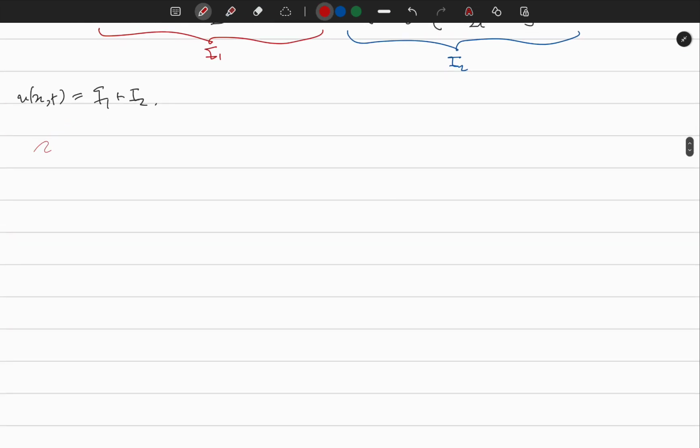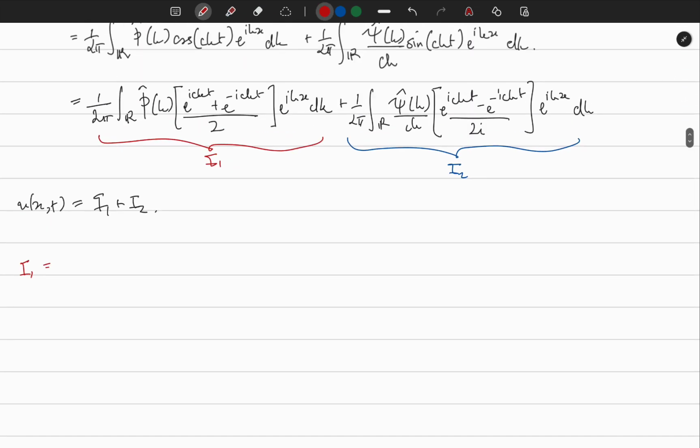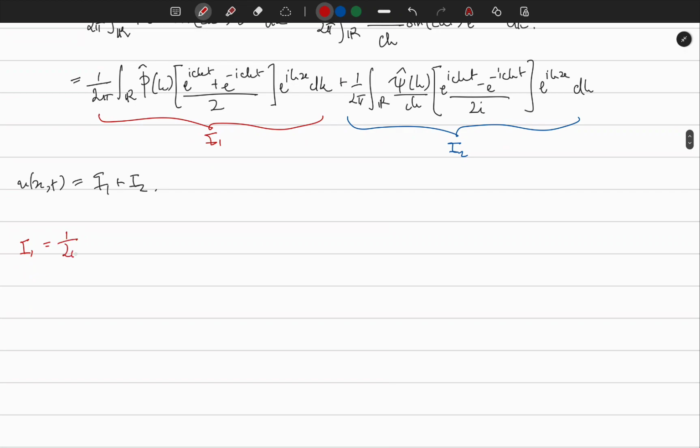So let's go ahead with I1. The I1 has the 1 over 2 pi. Why don't we multiply in this factor and combine using your exponent rules? So we'll take 1 over 2 pi, and we'll also bring out this 2 as well from right here.